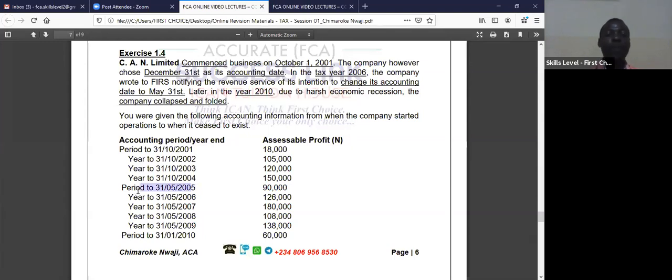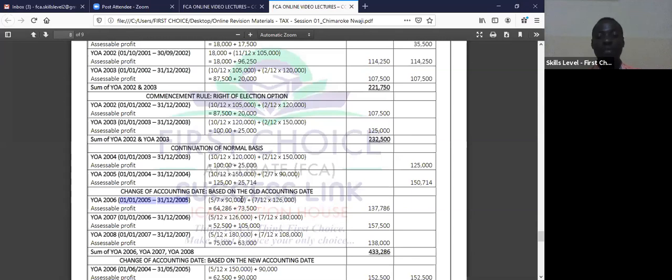So that means from January 1 to May, it's 5 months. So we're going to take 5 months out of these 7 months here. So that's what I did here. 5 out of 7 of 90,000 gives me 64,286. Now, if taking 5 months, where is the remaining of these 12 months?